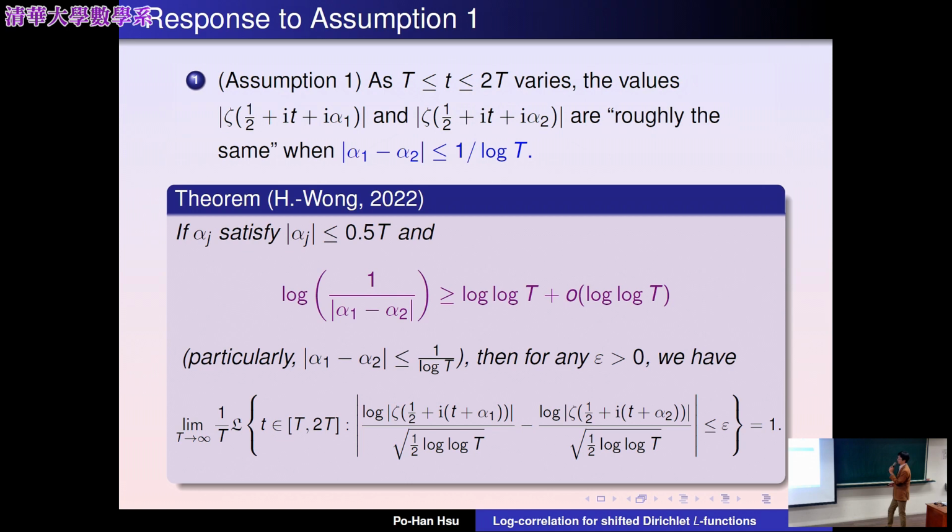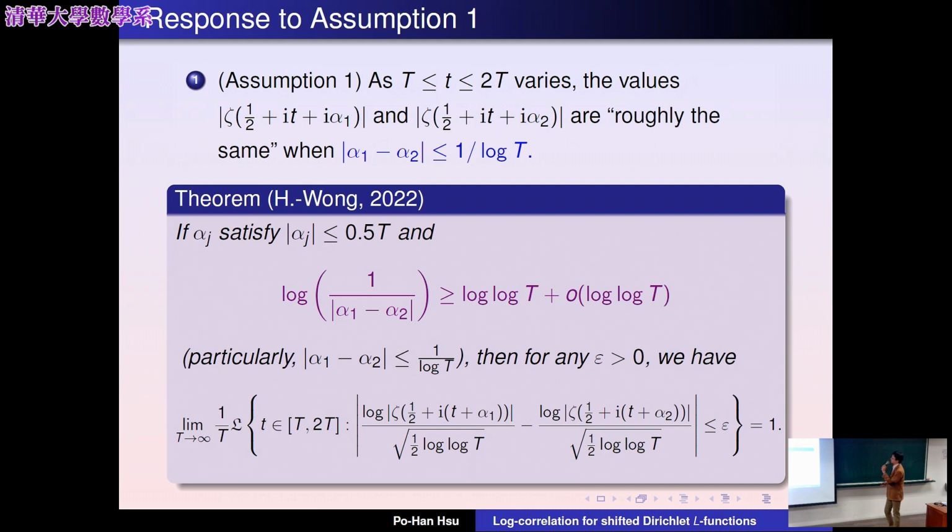You put any t inside, and the difference is arbitrarily small, and those t such that this difference is arbitrarily small will tend to 1, which means the roughly the same is really roughly the same. Okay, for any fixed t, it's not 1, but you let t go to infinity, ultimately it will go to 1, and they will be very, very close.